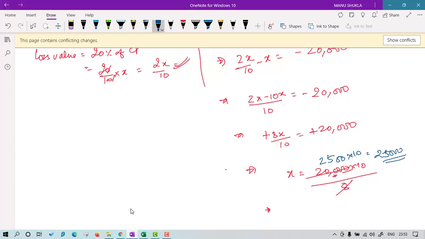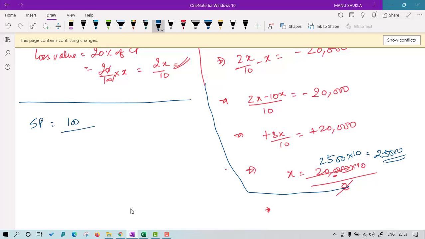If you don't like this x method, this was the conceptual way to go. But if you know the formula, that is also correct. So the formula is SP is equal to 100 upon, I think it is 100 minus loss percentage, sorry, this is cost price, this is selling price. If you apply this formula, this will also give you the answer.